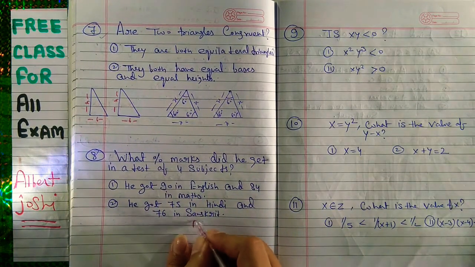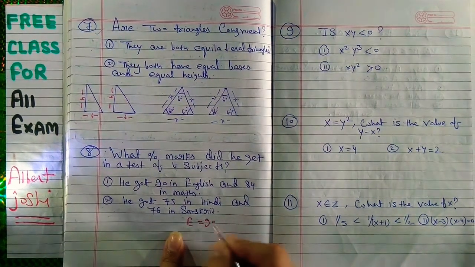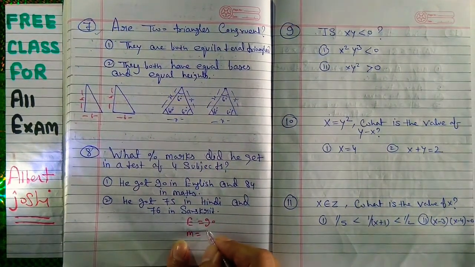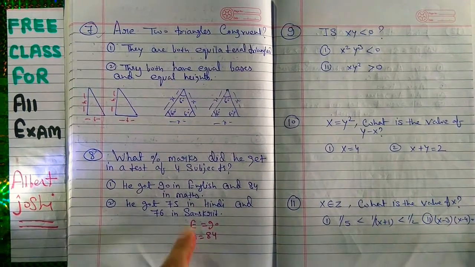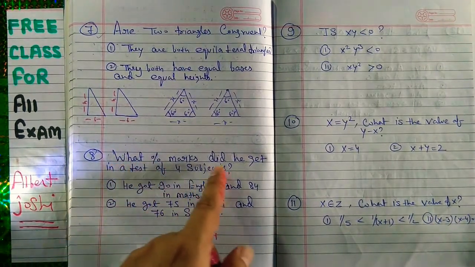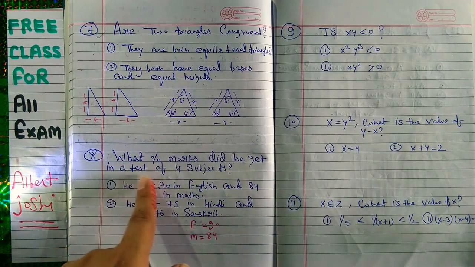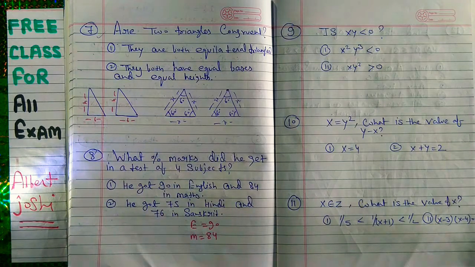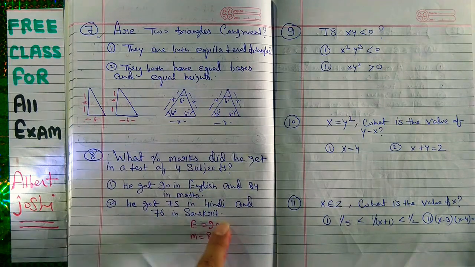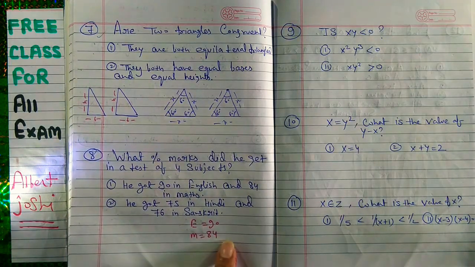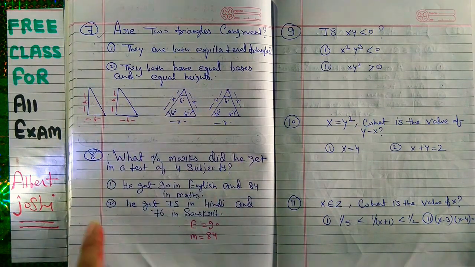So can you predict what percentage marks he got in a test of 4 subjects? There are a total of 4 subjects, but he has given us only 2 subjects: English is 90 and maths is 84. So it is impossible.